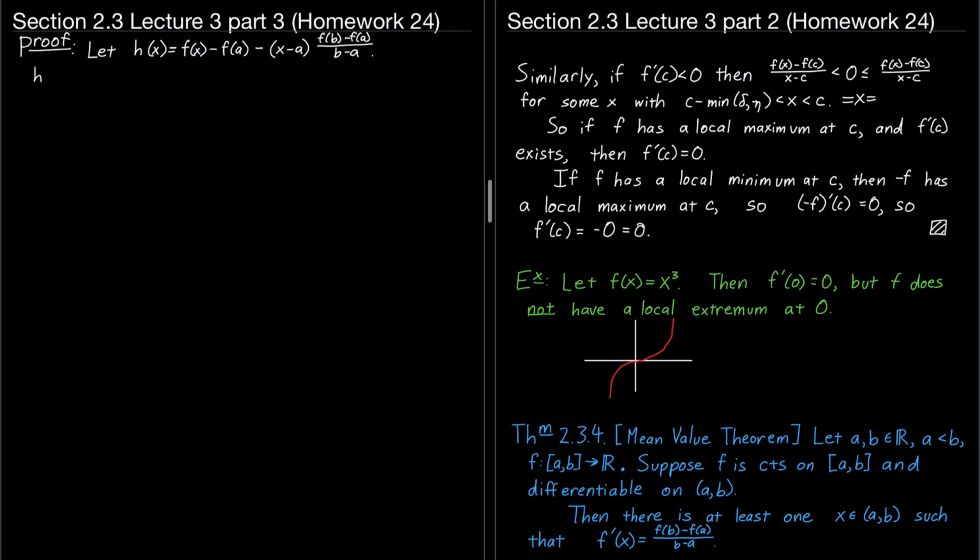So h is continuous on the same place where f is continuous, because everything else is just polynomials, just nice stuff. And by the same token, h is differentiable on this interval from a to b.